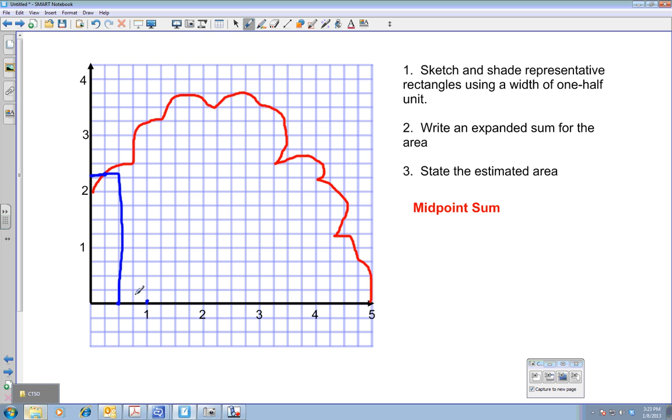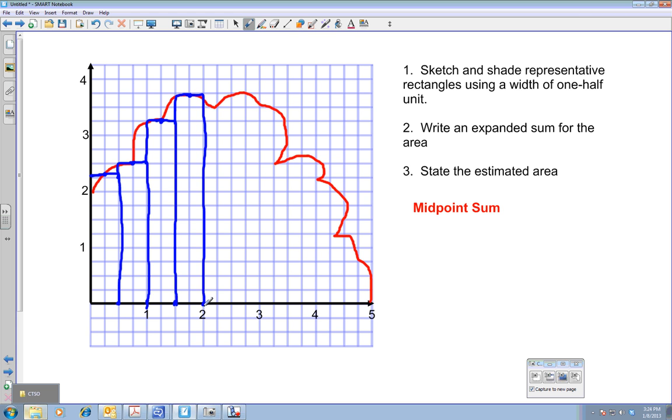So I'm going to find the midpoint of that, go up and find my graph and draw my rectangle in. Here's my next base, so the midpoint of that, I'm going to go up and find it. So we did LRAM first, or my left sum first. Then we did my right side. Now we're doing the midpoint.